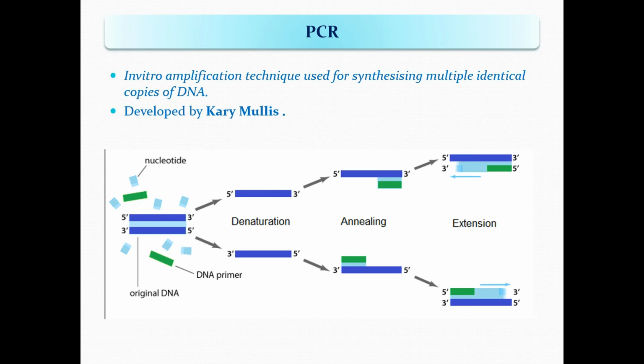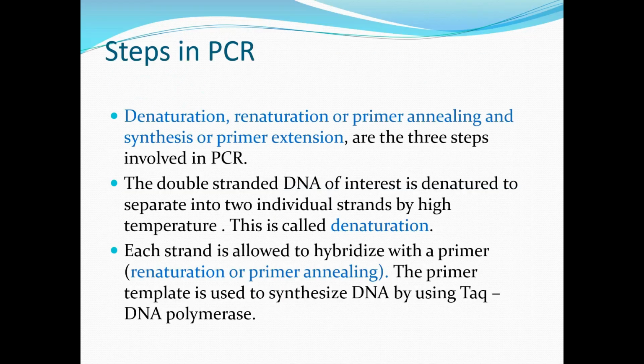At the end of the incubation, both the single stranded DNA will be made into partially double stranded DNA. The new strand of each double stranded DNA will extend to a variable distance downstream. Then this step is repeated again and again to generate multiple copies of the desired DNA. This process is called DNA amplification.